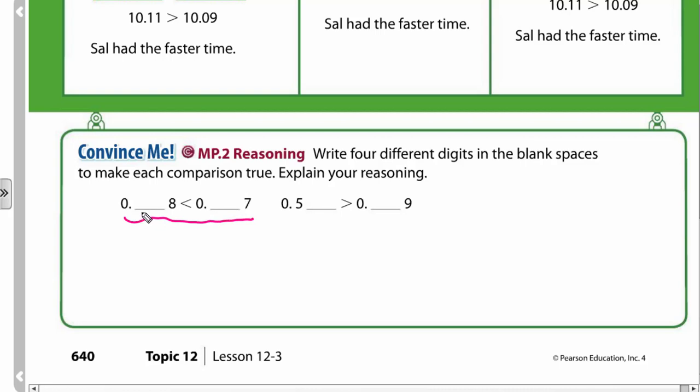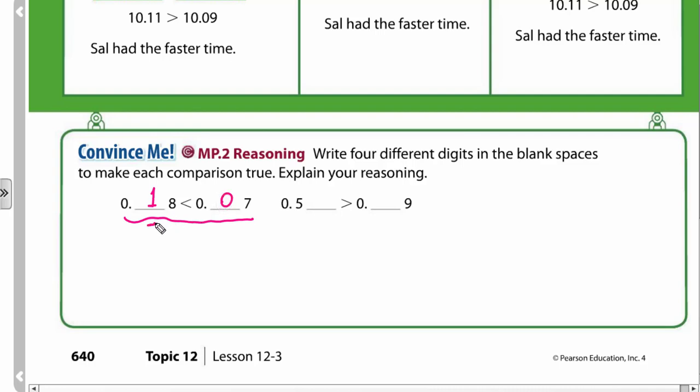Give me any 2 digits to write here and here in the blank spaces. 0.1, I should write here 1, and the second one 0.0.